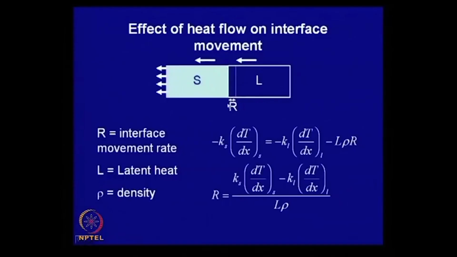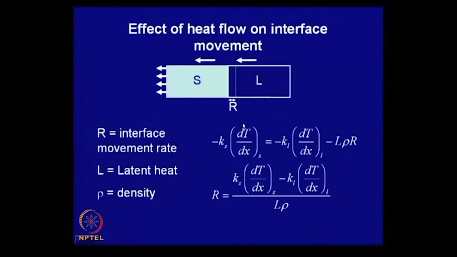For some of the calculations we do assume that this interface is planar, but a planar interface is not always stable, and it depends on several factors, not only on the heat extraction, it also depends whether there is supercooling in the liquid or not.